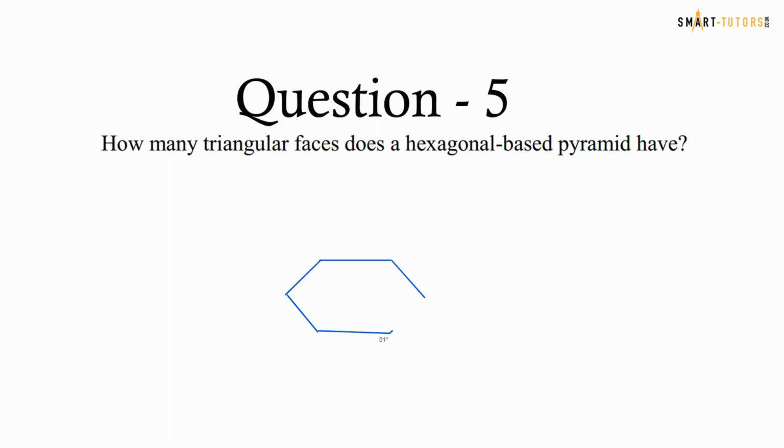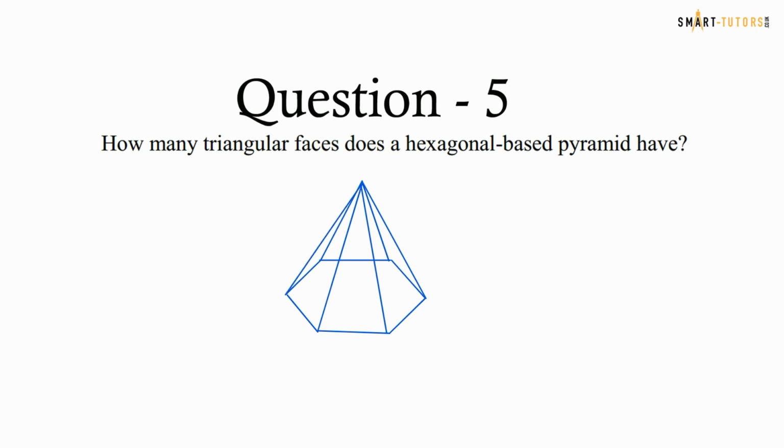By practice you can quickly suss that out, like how many triangular faces. But I'm trying to help you see what a hexagonal base pyramid looks like. So the bottom base is a hexagon, then there are 6 triangular faces surrounding. So it's going to be like this.